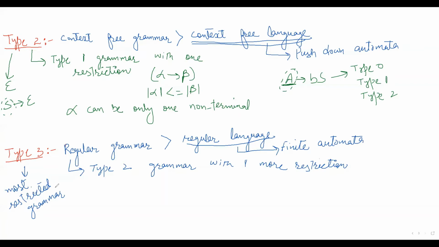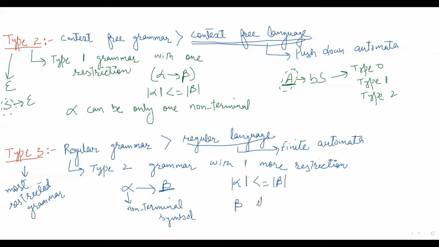The restriction in type 3 grammar is, it is like type 2, which means the productions are of this form: length of alpha is less than or equal to length of beta, and this alpha is only a single non-terminal symbol. The restriction is for this beta.